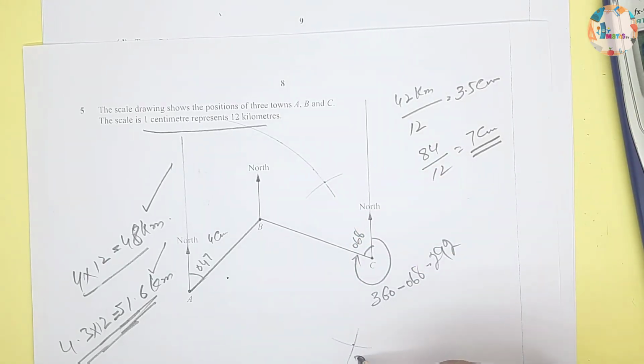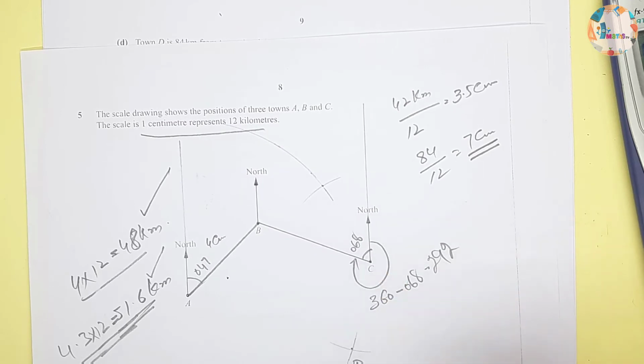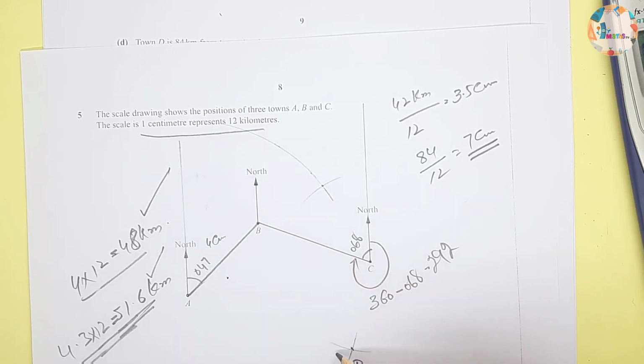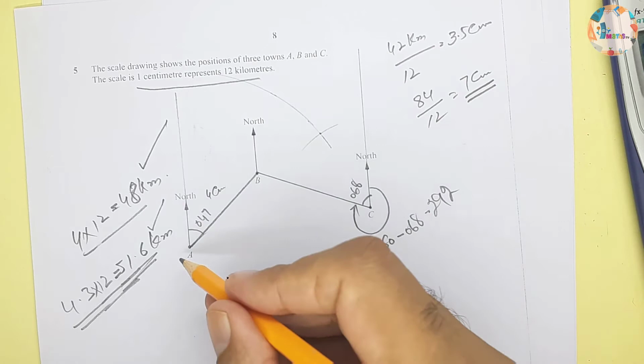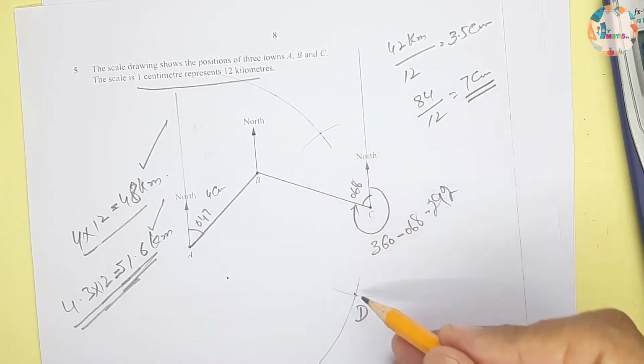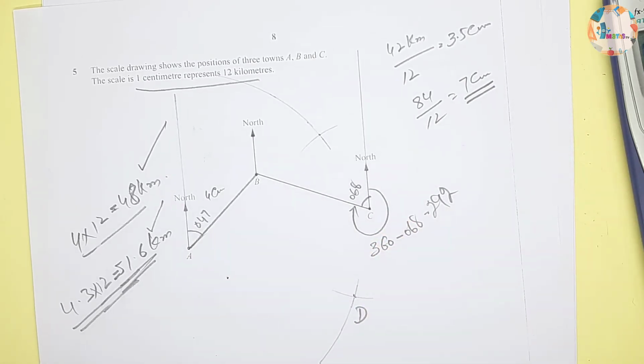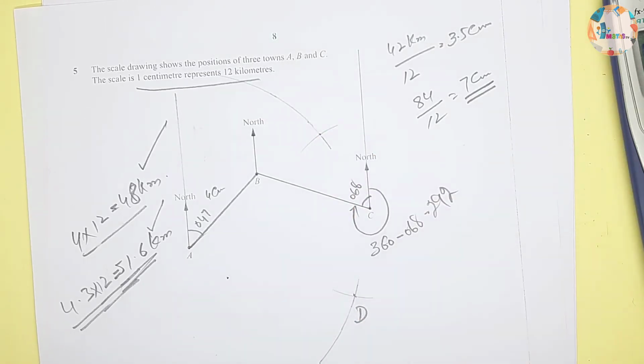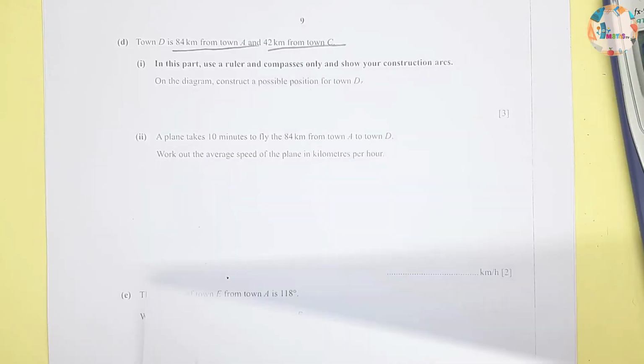We can write D over here. So this is 3.5 centimeter from here, and 7 centimeters from A. This is also another option which you can provide, but I'm giving this option. Hopefully this is clear.